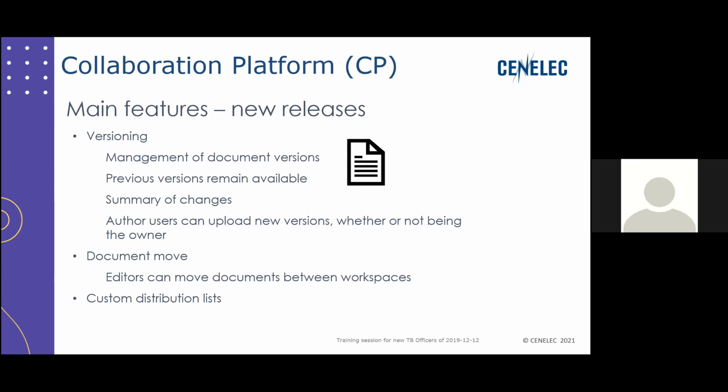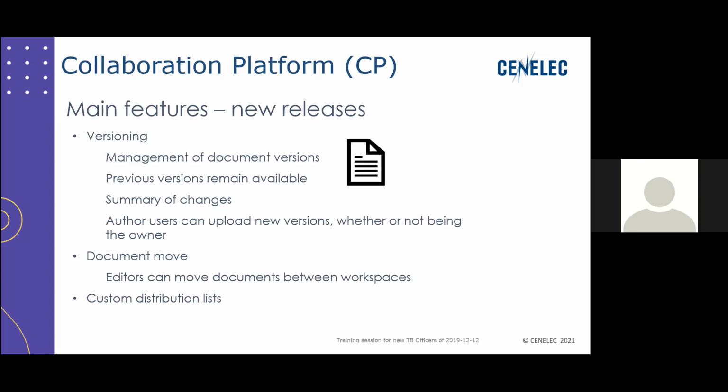The first one is versioning, where you can manage document versions while the previous version of the document remains available. There's also the possibility to get a summary of all the changes, and an author can upload a new version whether or not he or she is the owner of the document.